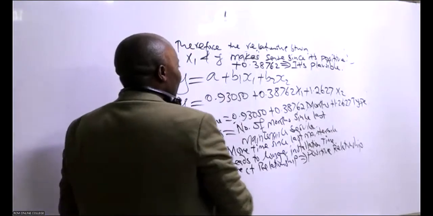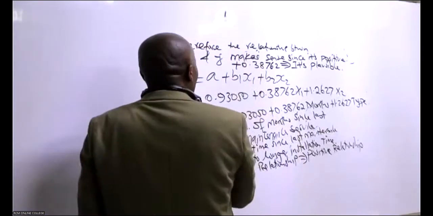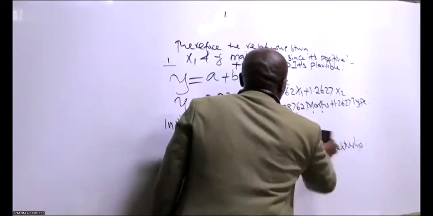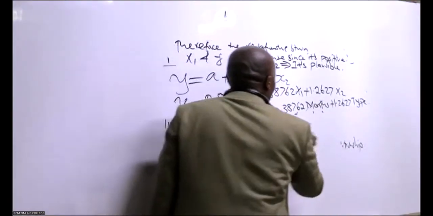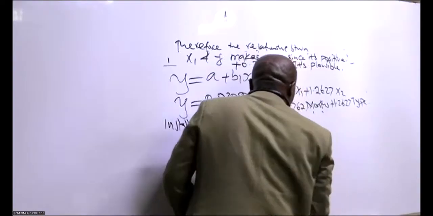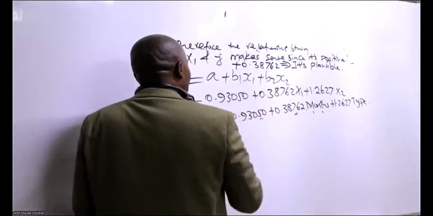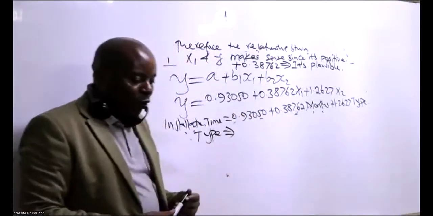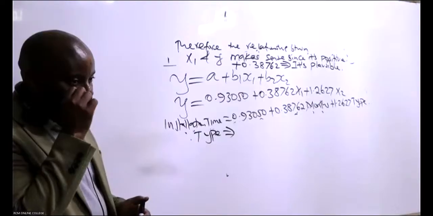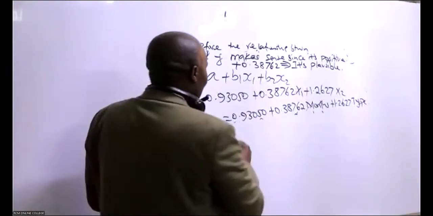Now go ahead and make arguments with type. First of all, understand what this type is. Please read for us. What does this type stand for? Maintenance problem.